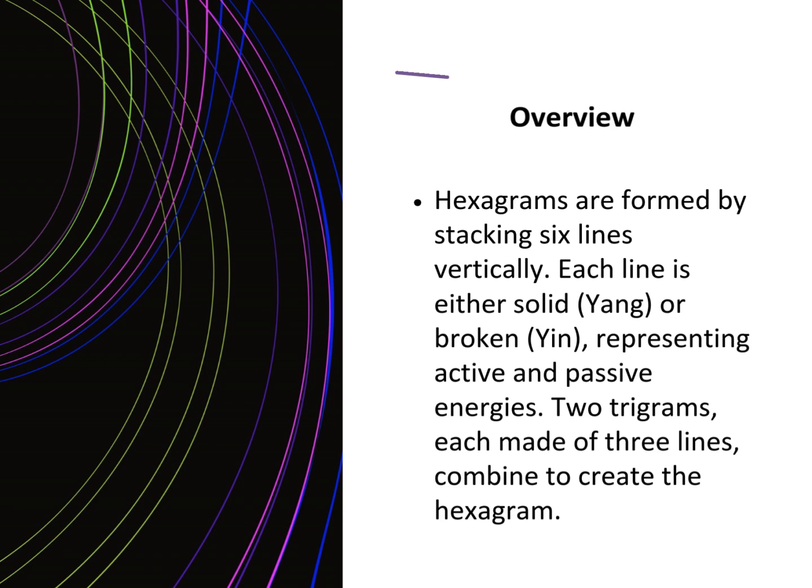These lines symbolize active and passive energies, respectively, which are foundational concepts in understanding hexagrams. To create a hexagram, we start by combining two trigrams. Trigrams are sets of three lines. And when two trigrams are stacked, they do form a complete hexagram.